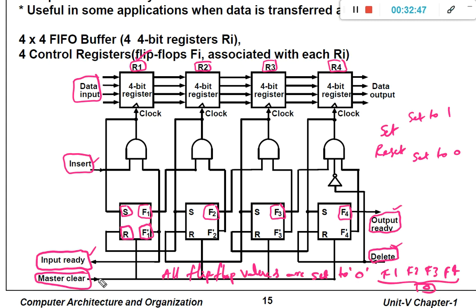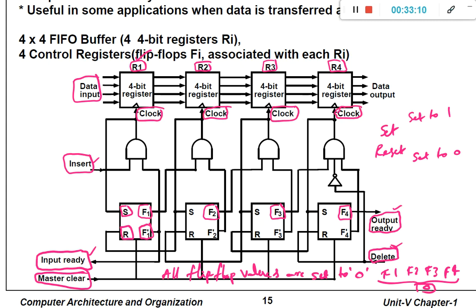Whenever we perform the master clear operation, all flip-flop values are set to 0. These are the basic building blocks in the circuit, and as in every circuit, there will be a clock which is going to start and perform the operation.